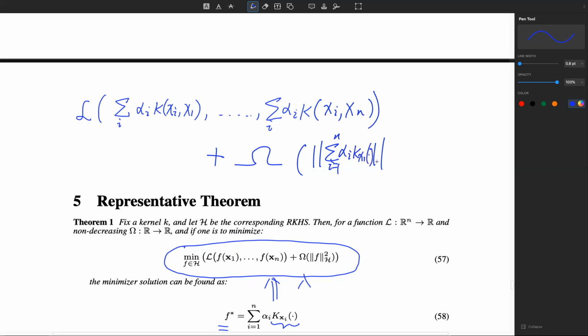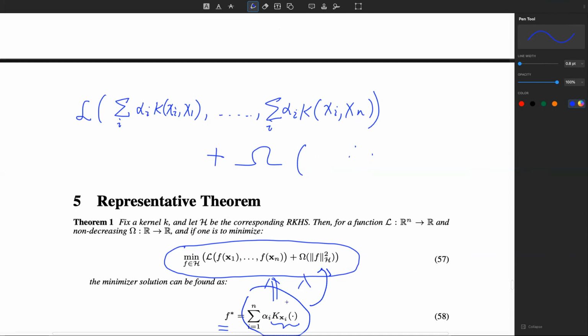Okay, and also, trust me, if you expand this thing out, what I'm trying to say is that if you put this thing in here and you're computing the norm squared of it, you are actually going to get what? Think about it.